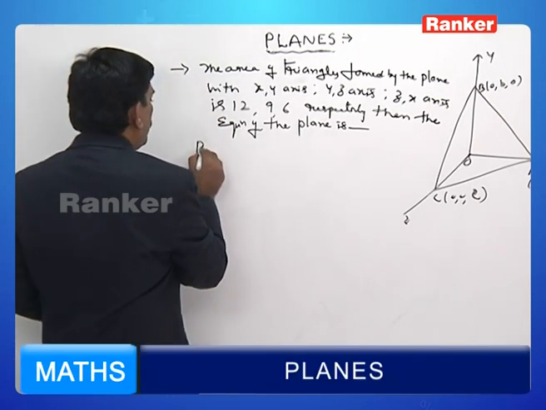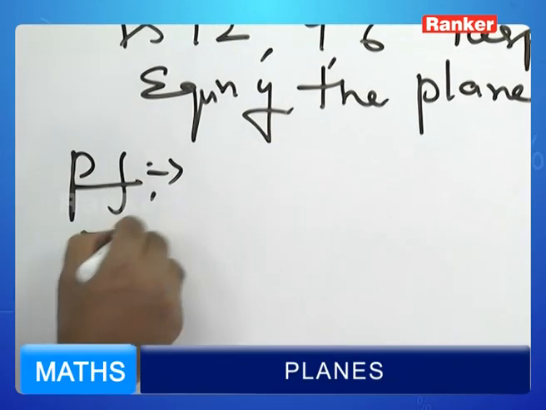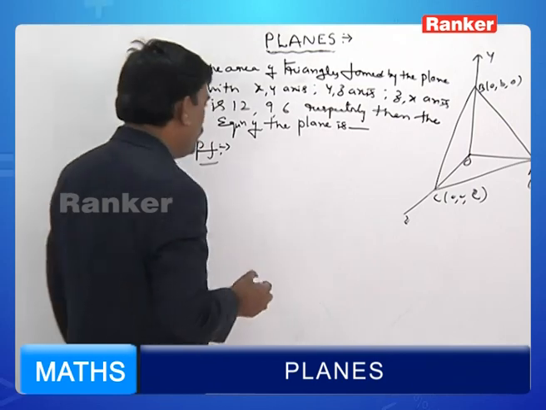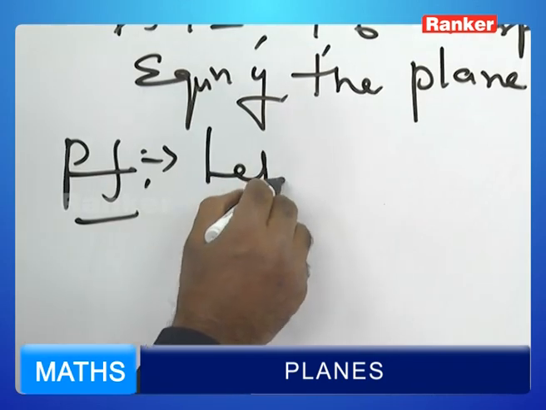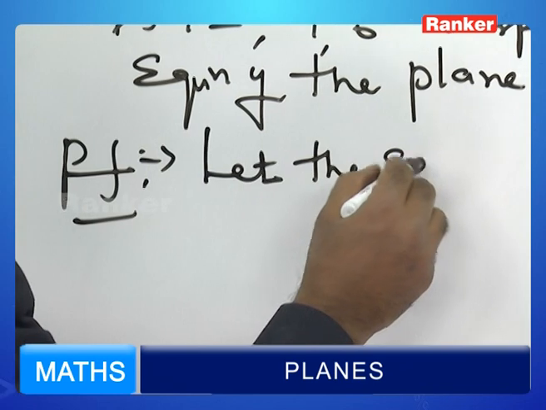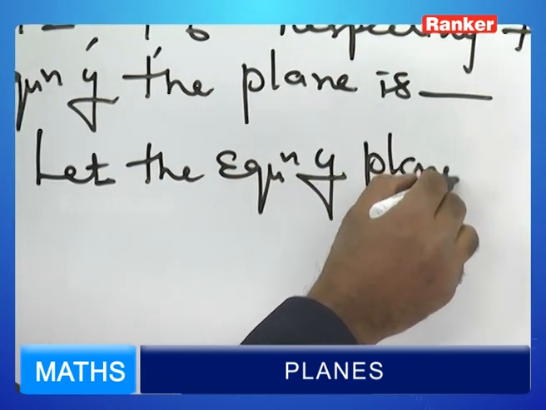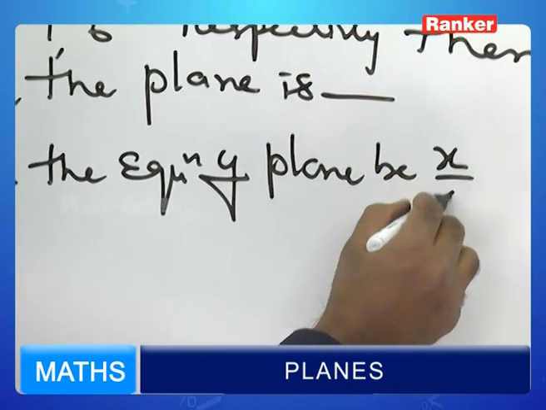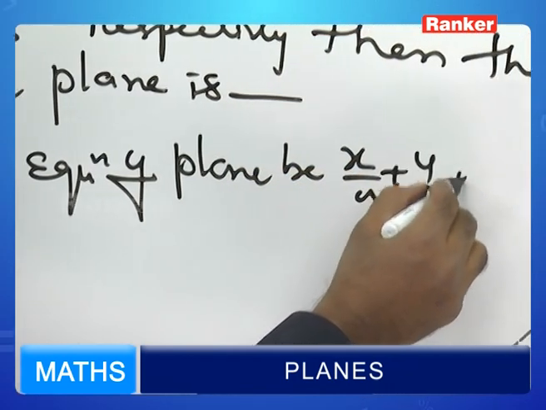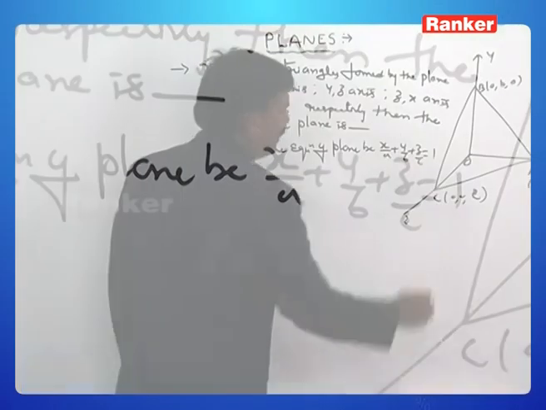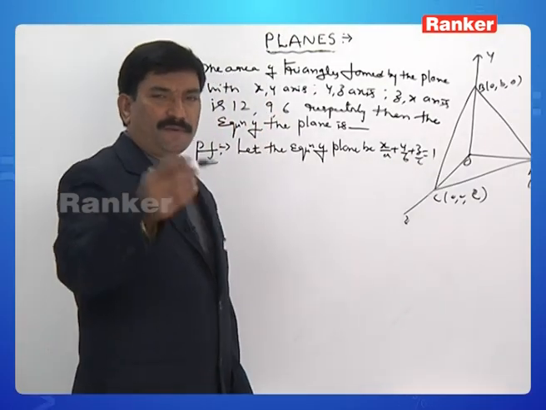Now I go for the solution of this one. Let the equation of plane be x by A, y by B, z by C is equal to 1.